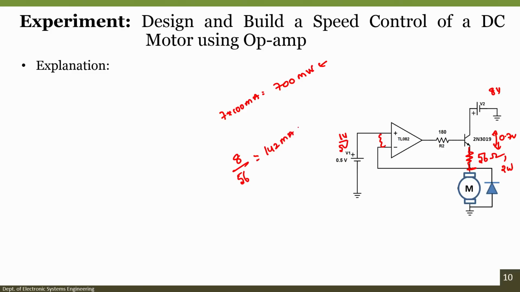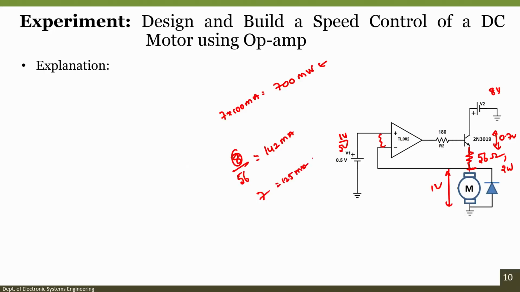Suppose there is some voltage drop, say 1 volt, then the total drop will be 7 divided by 56, which is 125 milliamps.